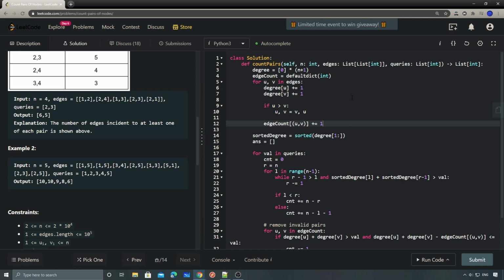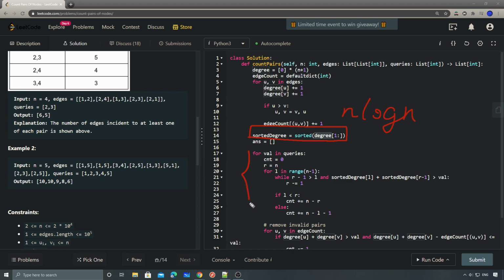It's the total number of the edges of the nodes who have the degree. So I would say it's n log n in the worst case. So we have n log n to sort this. And all of this here is just a for loop. Since we're using two pointers, it's going to be O of n. That's why the total time complexity is n log n, bounded by the sorting here.